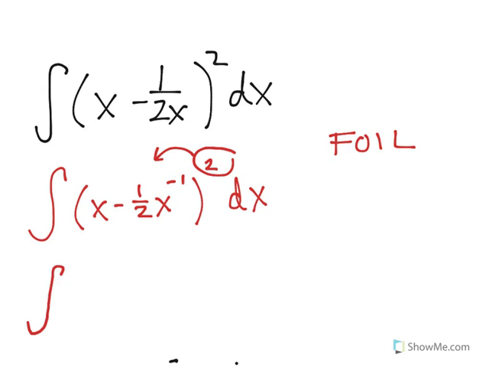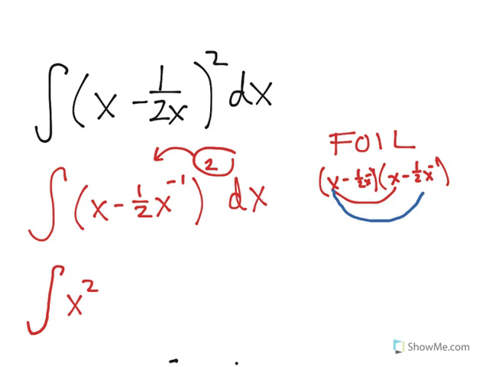Okay, so when we FOIL this, I'm going to write it out twice just so I can see it. This one is a really hard one, harder than the normal ones. x minus 1/2 x to the negative 1, x minus 1/2 x to the negative 1. So when I FOIL, the first terms give me x squared. The outer term is x, and the inner is negative 1/2 x to the negative 1 times x to the 1.